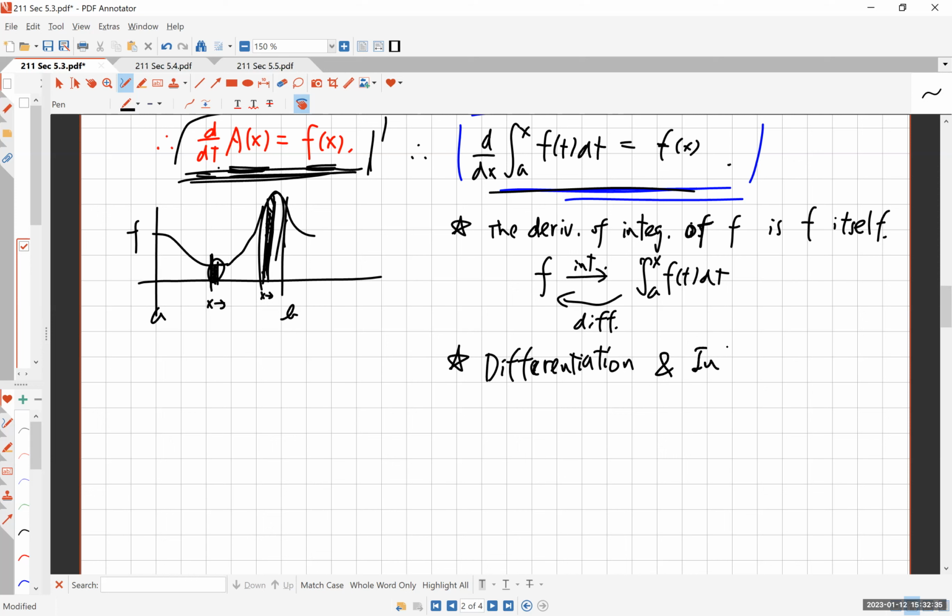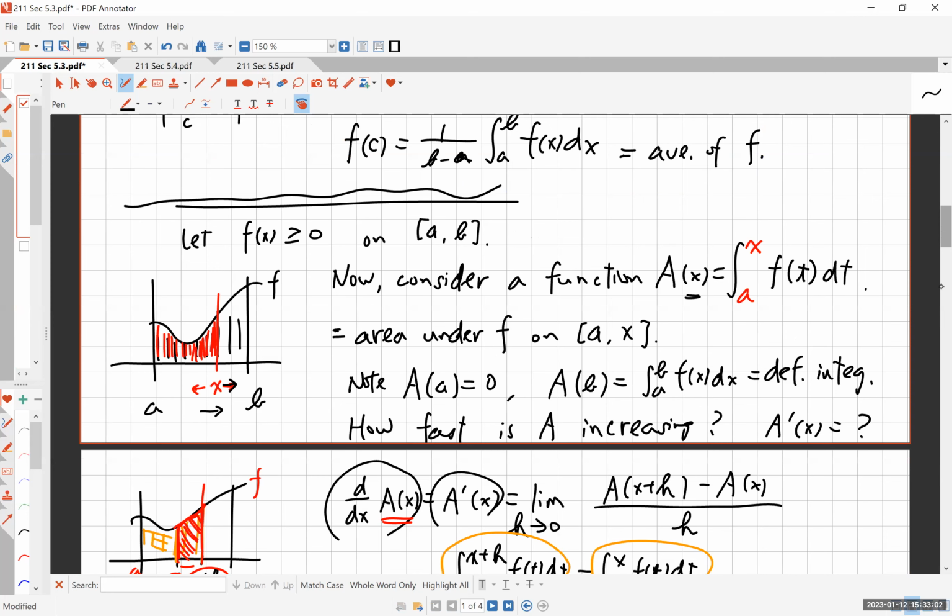Differentiation and integration are opposite procedures. So here's the integration, right? When you integrate f and differentiate the integral function, you get the original function. That, my friend, is the fundamental theorem of calculus part 1.